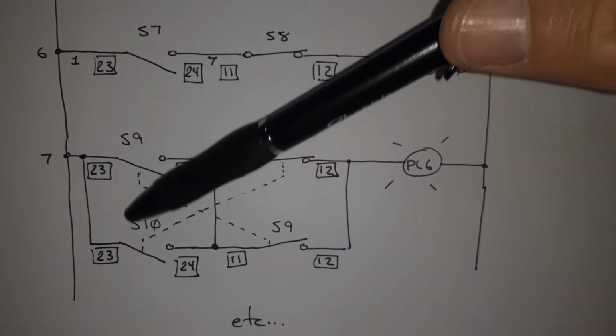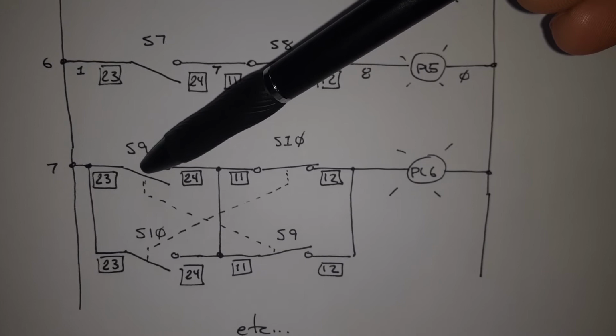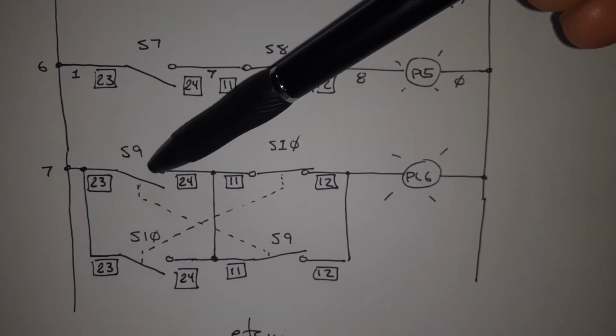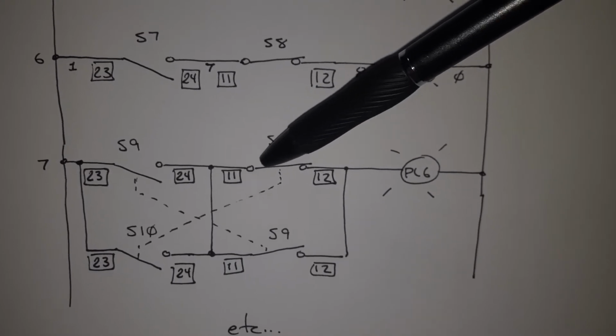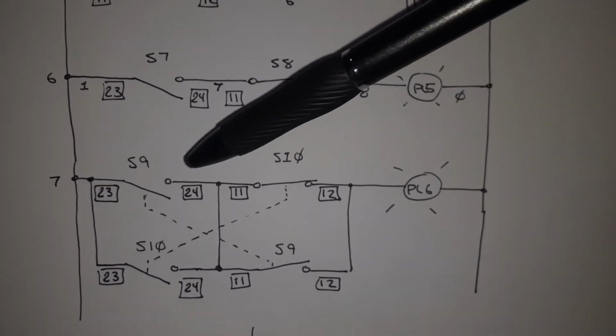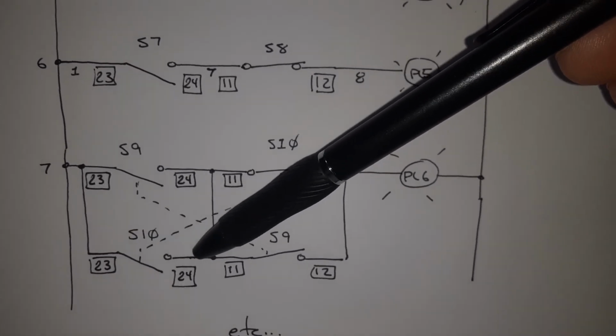What do you think this might do here? If I turn on switch 9, what would happen? Power would go through this switch, it would go through this switch, and the light would turn on. So if I turn that off and turn on switch 10, power goes through this one.